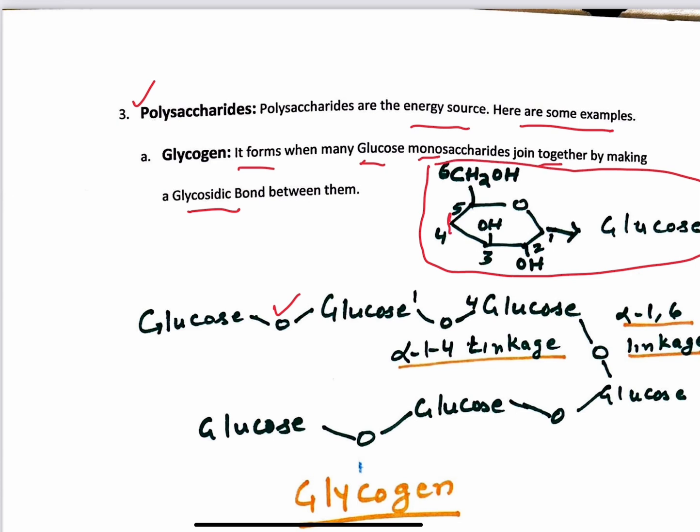And here there is an alcohol group attached and hydrogen at carbon number 4. So this is carbon number 4. And they basically make a 1,4 linkage that we just talked about.